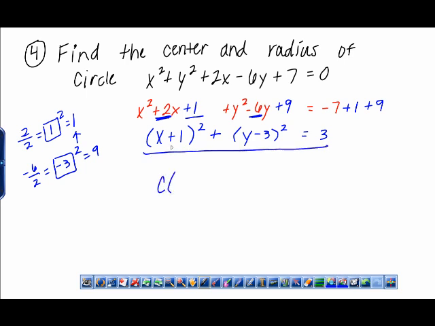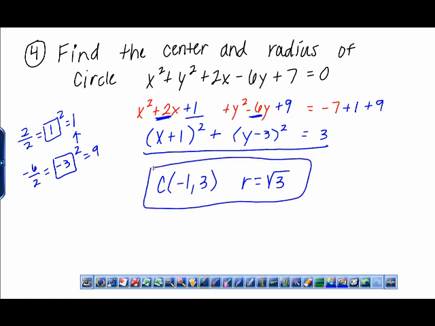My center is going to be negative 1, positive 3. You take the opposite sign on both of them. And then the radius is not 3, it's actually square root of 3. Remember that in the formula this was r squared. R squared is 3, so r is square root of 3. And these two things are what they were asking you to find.